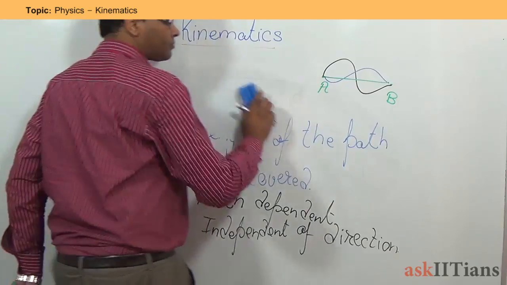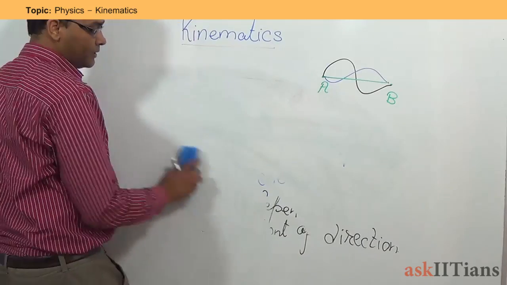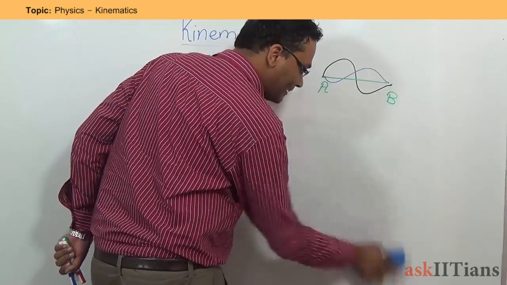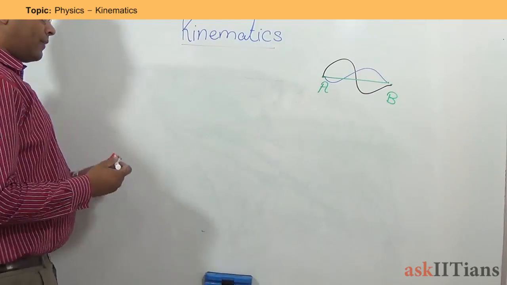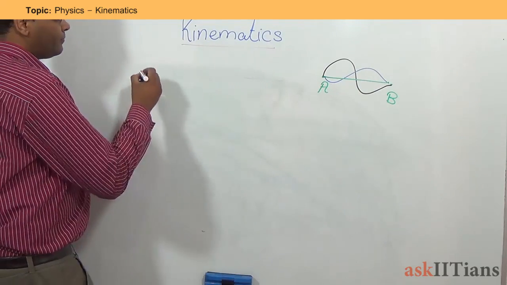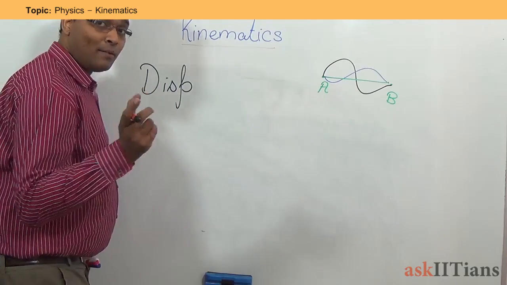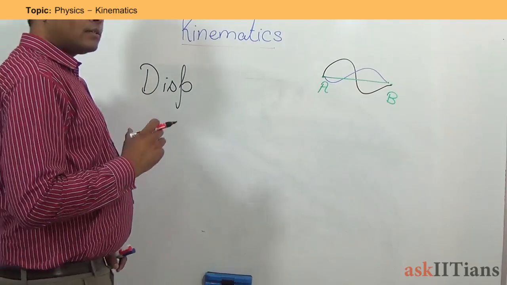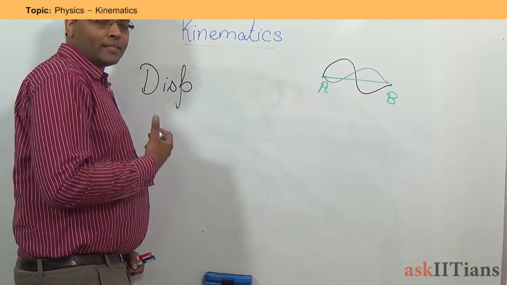Now, as we already know, since it's a scalar quantity, it's not going to be dependent on the direction. So the direction is immaterial over here. So if I take that forward, there is an analogous quantity, which has the same dimensions, mind you, but the name is spelled differently, and it's a vector quantity.